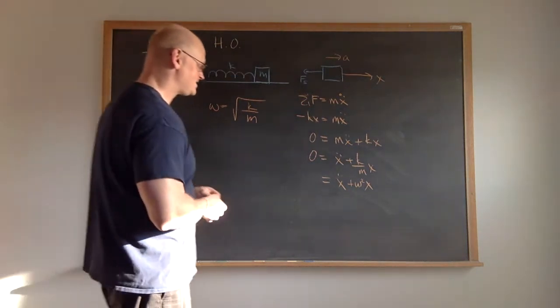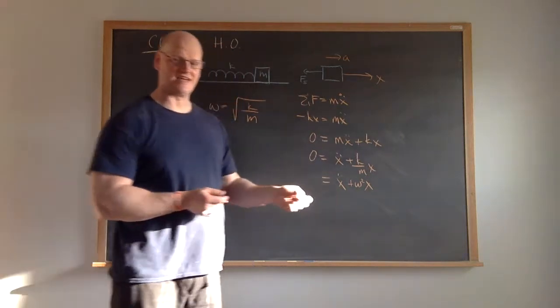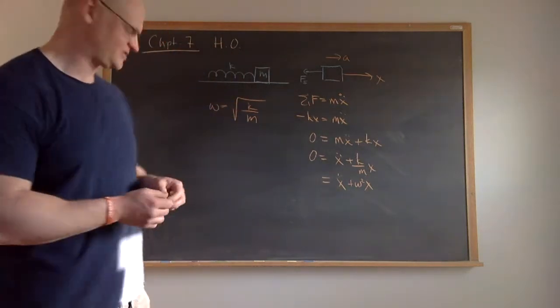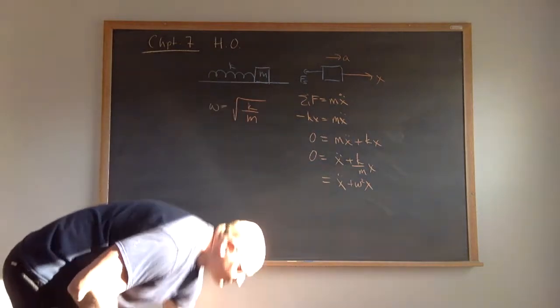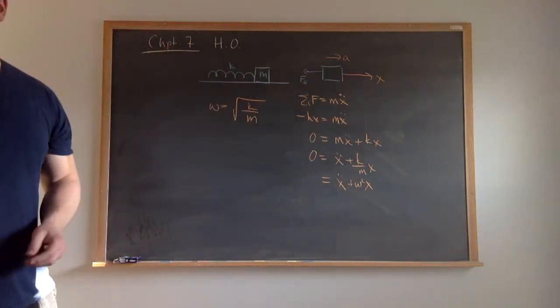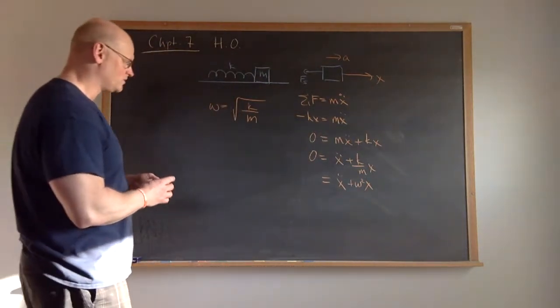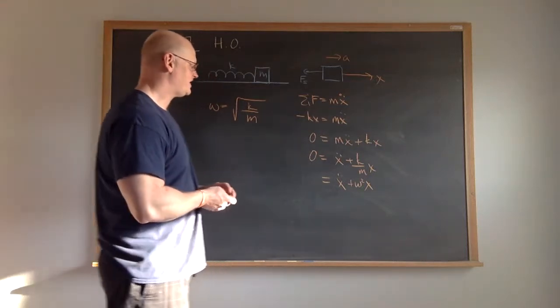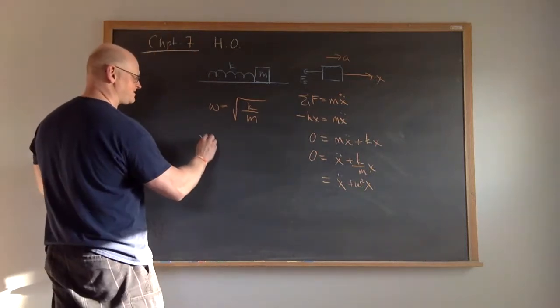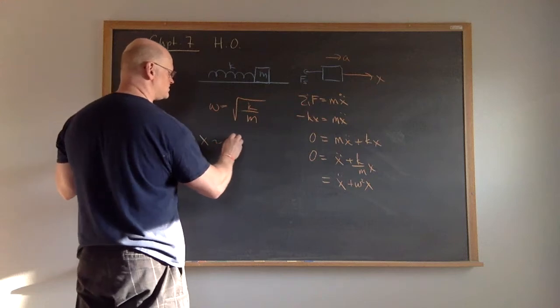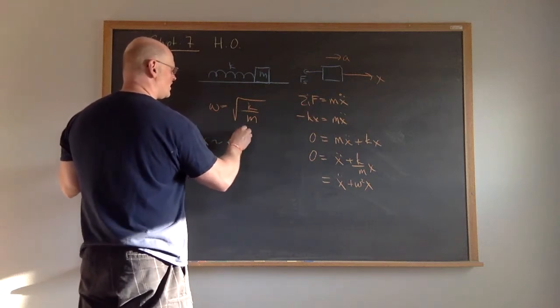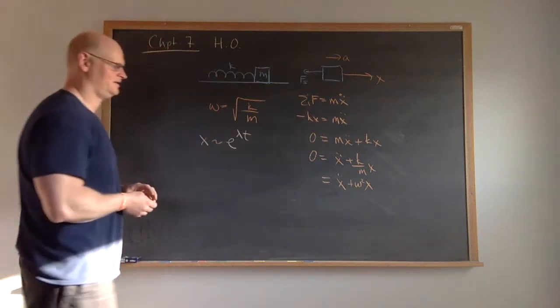Now, first off, note that this is a second order differential equation. Most of the things that we've seen in class so far have been first order differential equations. To solve a second order one, we're going to seek a solution where x is proportional to e to the lambda times t.